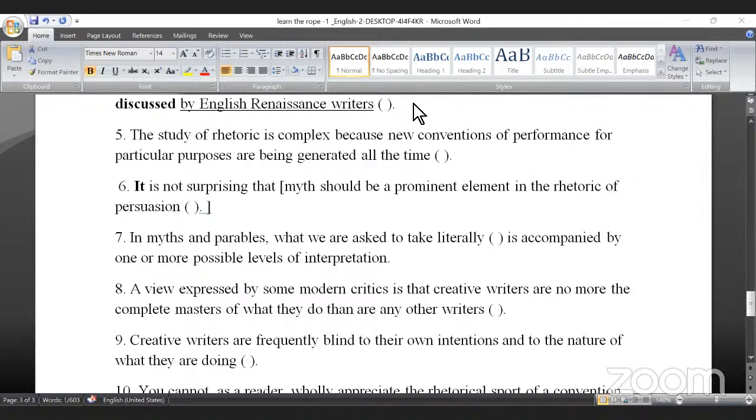Okay. So this is an example of noun clause in apposition, wherein you can replace one with the other, right? You already have a subject. In the case of myth should be a prominent element in the rhetoric of persuasion is not surprising, if that was the sentence, then this part, myth should be a prominent element, would have been a case of a normal noun clause. But because you have it here and it stands in place of the other, you can replace it.